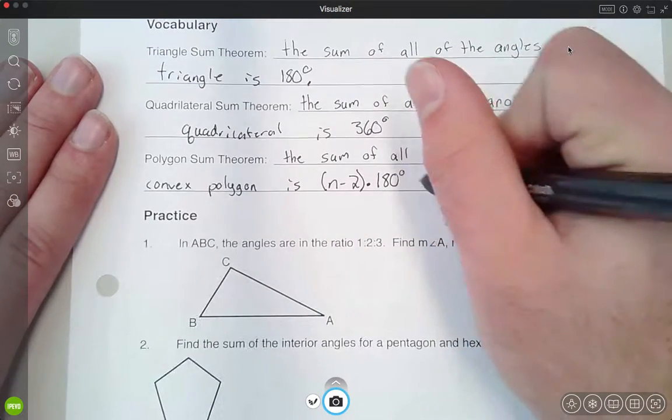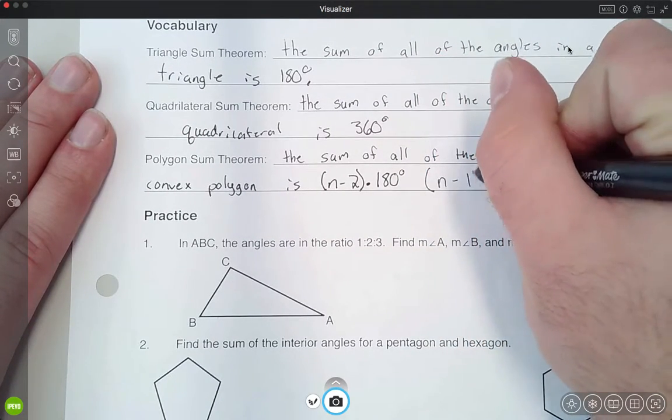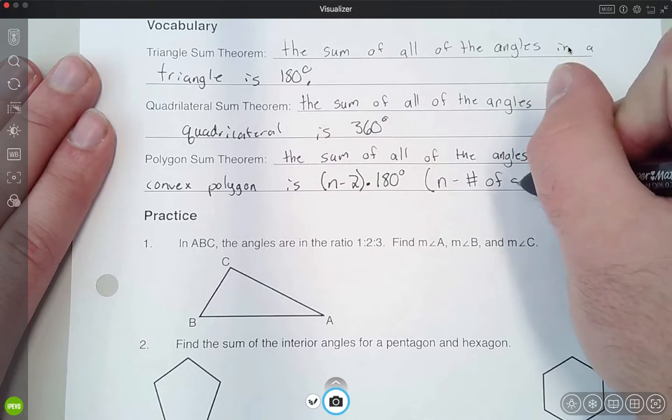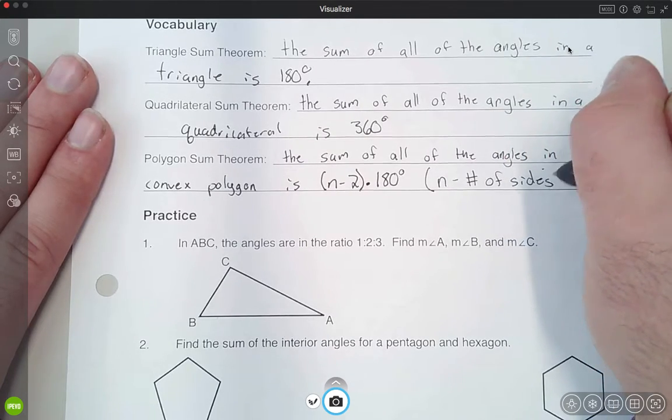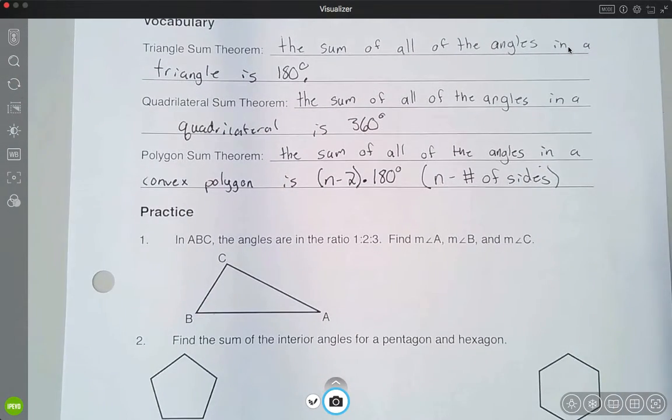Where that n is really the number of sides. So I'm taking the number of sides, subtracting 2 away from it, and I'm multiplying by 180.